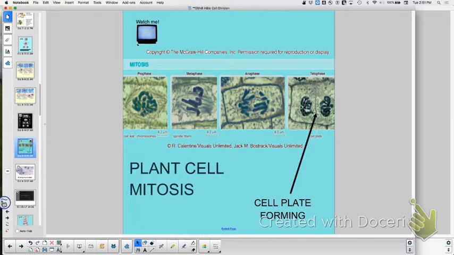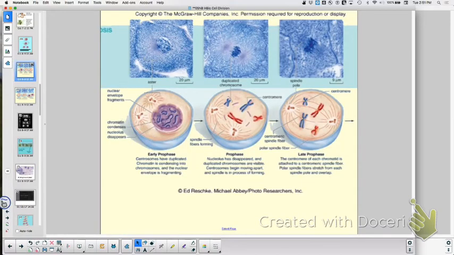Asters, because it looks like an asteroid on the other end, right? Do you remember what part I'm talking about there? Asters. Okay? They meet in the middle at metaphase, away at anaphase, to nuclei at telophase, cytokinesis.